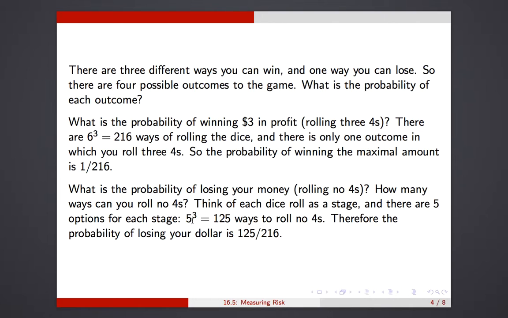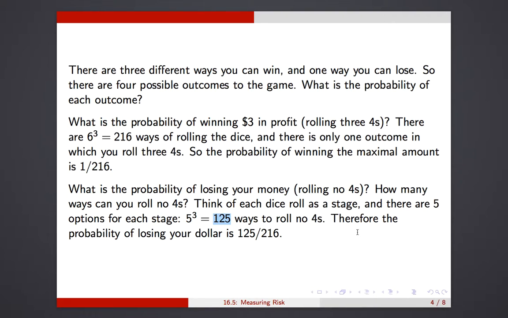Therefore, at each stage, you have 5 options, and the multiplication rule says the total number of ways to do all 3 stages is just multiply the ways you can do each stage, which in this case is 5 times 5 times 5. And that number is 125.